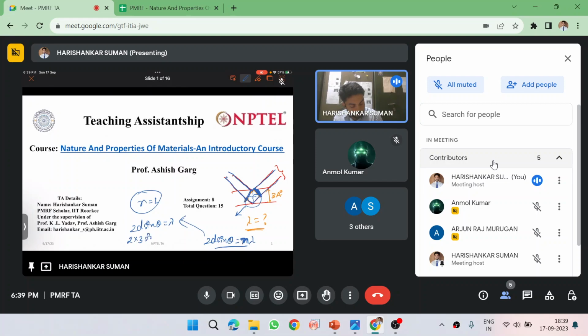And sin theta, what is the possible minimum value for this? Let's say it should not be 0, otherwise no lambda. 30. 30, okay. So this will be half. So 3 also is there. Yes, you are correct.